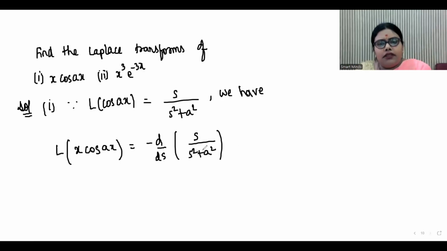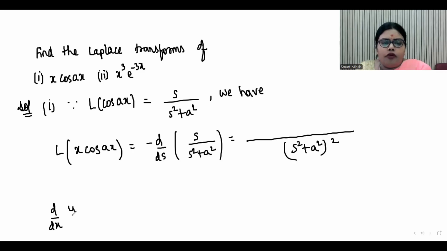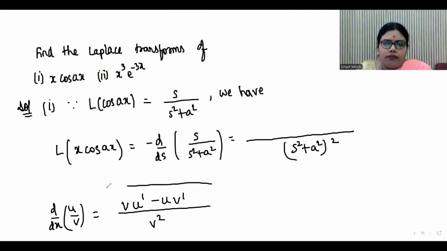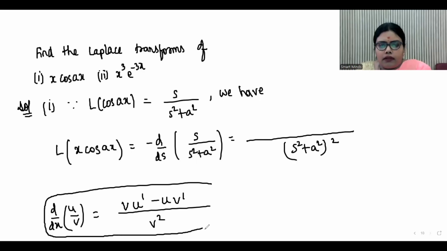Now how to differentiate this? You need to apply the u by v rule. What is the u by v rule? In the denominator we get v square, that is s square plus a square whole square. Let me give you the u by v rule here. d by dx of u by v is, in the denominator you get v square, v derivative of u minus u derivative of v. So first we write the denominator as it is, and then we differentiate the numerator. Derivative of s is 1.